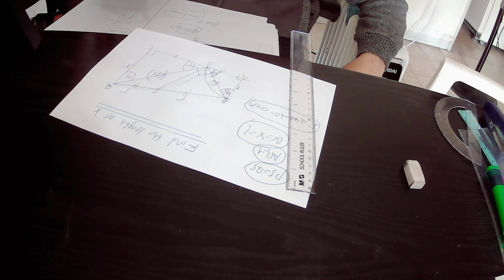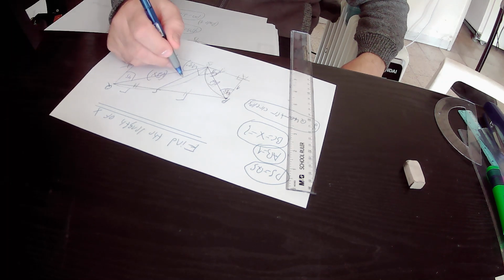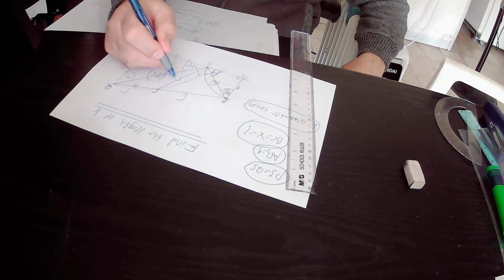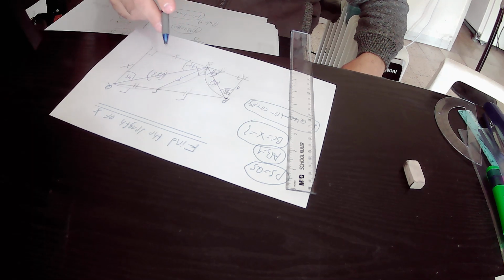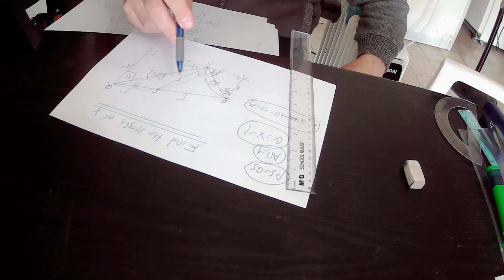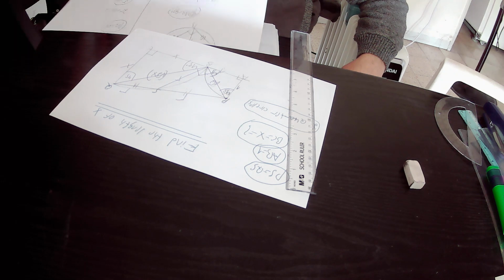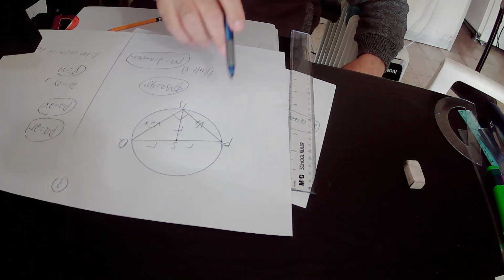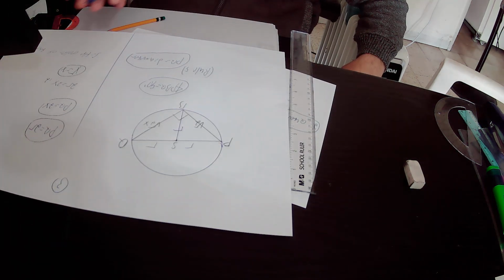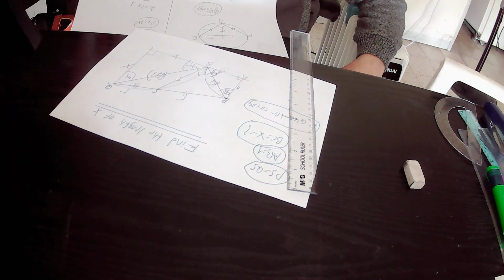Again, SB is also the radius of the circle, that is R, so SB equals SQ equals SP. All those three line segments are the radii of the circle, that is equal to R.